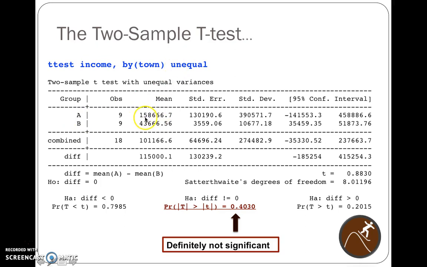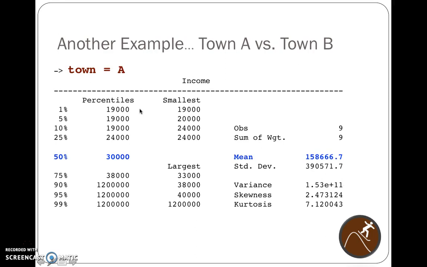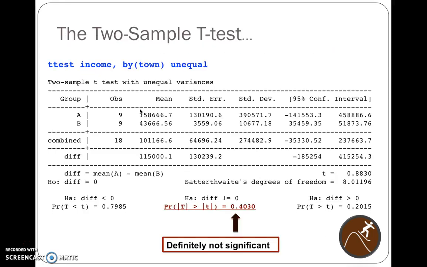And we see the same averages that we had from our sum command earlier. Group A, $158,666. Group B, $43,666. So A is way higher than B.